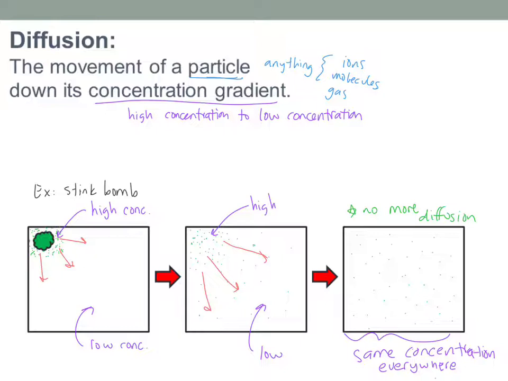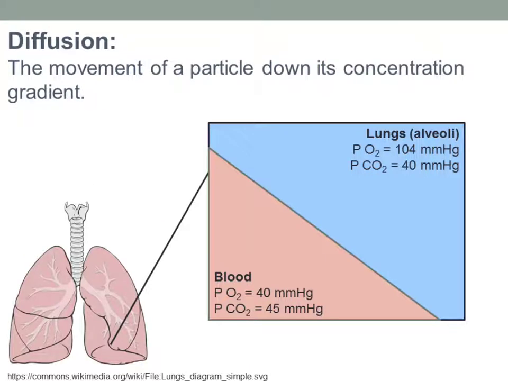The idea is that diffusion is important in a lot of biological processes. For example, breathing is pretty important to us. If you look at how your lungs work, you breathe in air that's relatively rich in oxygen and low in CO2, and your blood in your body, in the alveoli, is relatively low in oxygen and rich in CO2.